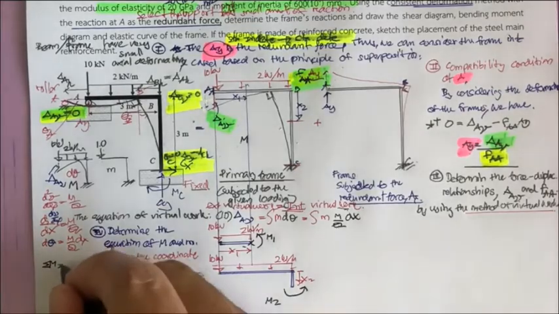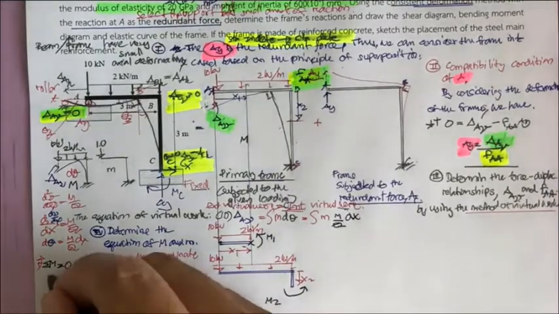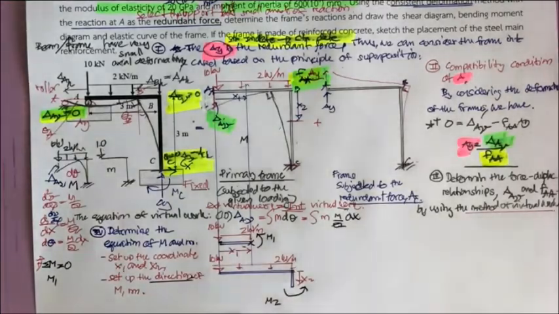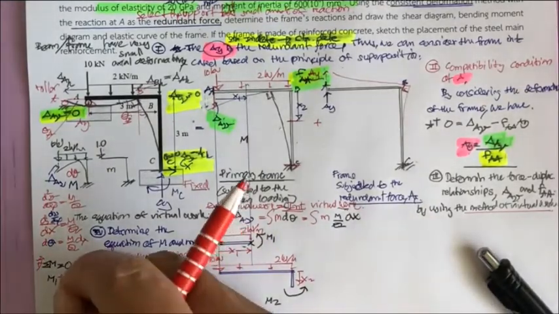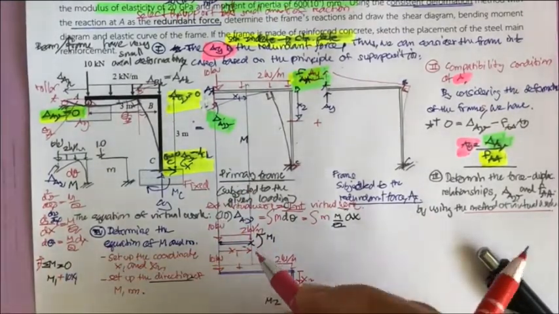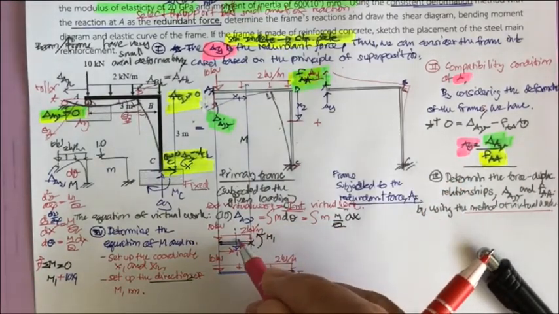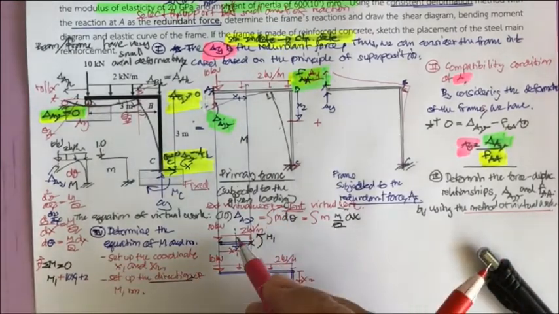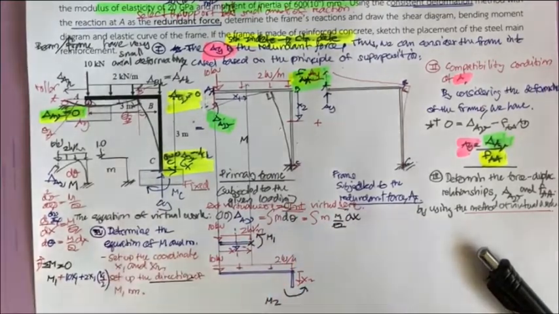summation of the moment over here. If you set this equal to 0, and this is going to be positive, what you have is M1 rotating here, plus 10 times x1, rotating in the same direction. Then this is 2 times x1 in the same direction, so plus 2 times x1 times x1 divided by 2, and this is going to be 0.